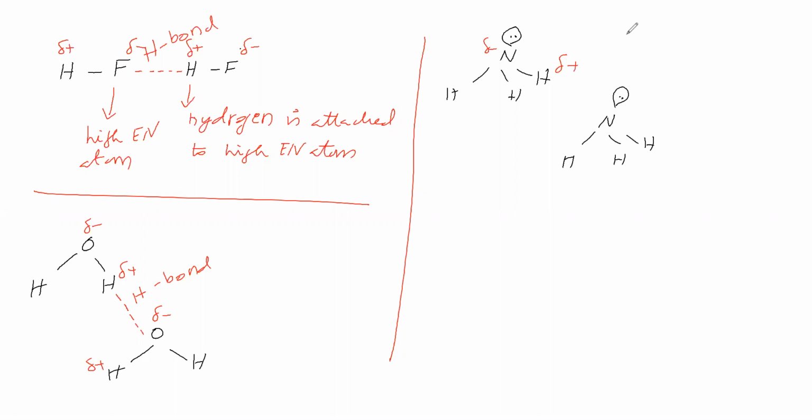Here we will give partial charges. Now in this molecule, hydrogen is attached to a highly electronegative atom. That hydrogen will take the highly electronegative atom of this molecule. Between them attractive force is possible. This is called hydrogen bonding.